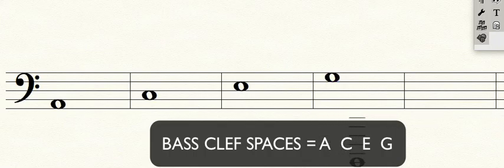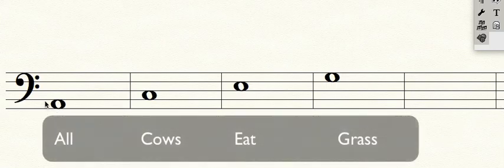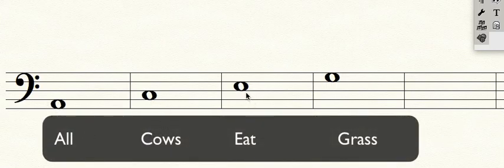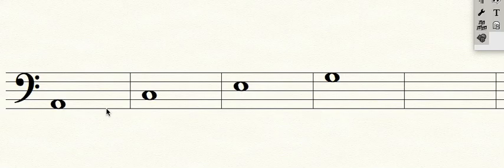So the phrase we learn, I'm going to stick with what they say in the EMT, all cows eat grass. A, C, E, G. All cows eat grass. Now again, just like with the treble clef, these little phrases, good burritos don't fall apart, that works for only the lines within the staff.